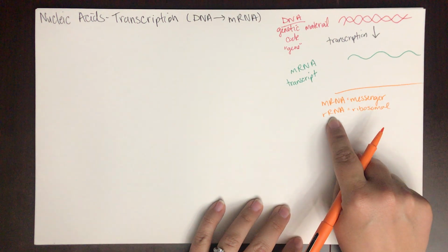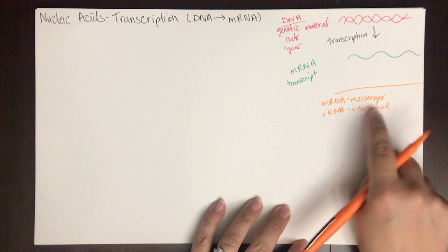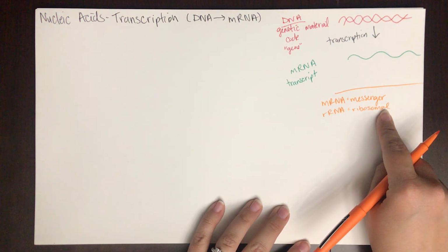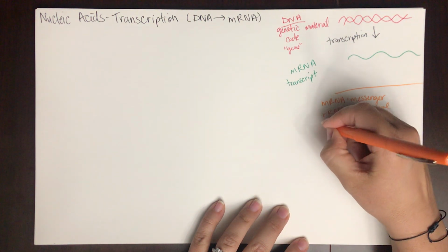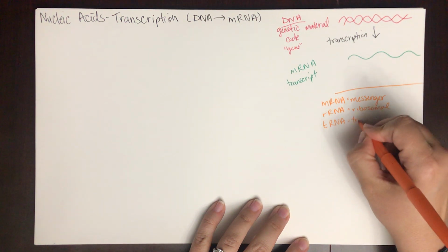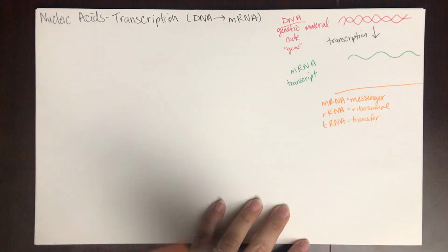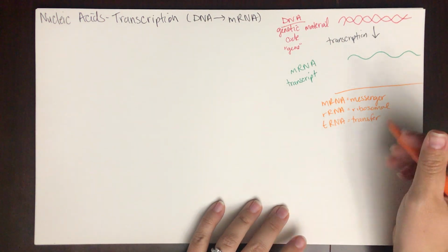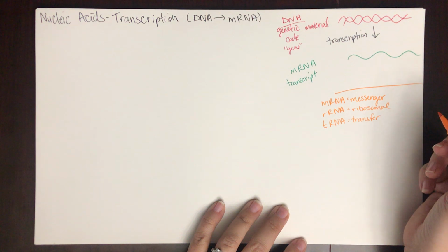Ribosomes are actually made up of rRNA, and we're going to talk about this next because the ribosome is the cellular location where translation happens, the next step. And then the last type of RNA is tRNA, and T stands for transfer. And we're going to see where the tRNA is involved also in the next process that we'll talk about, translation.